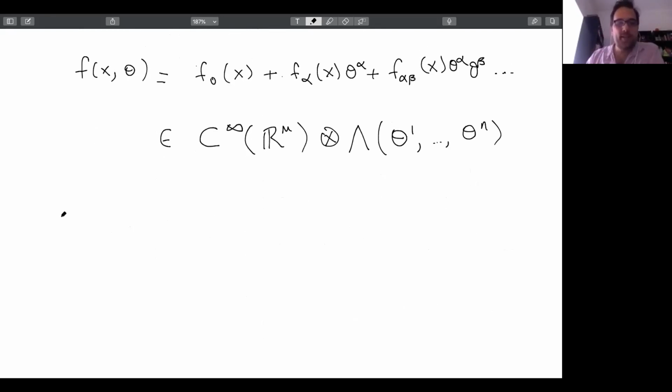And this is our first example of a supermanifold. The space with functions like this is the supermanifold R^{m|n}.